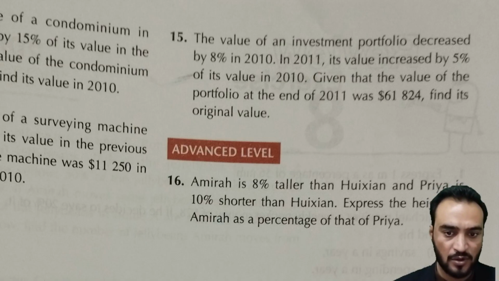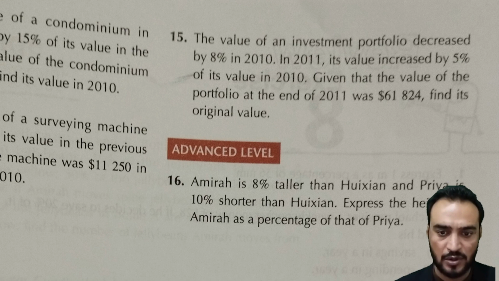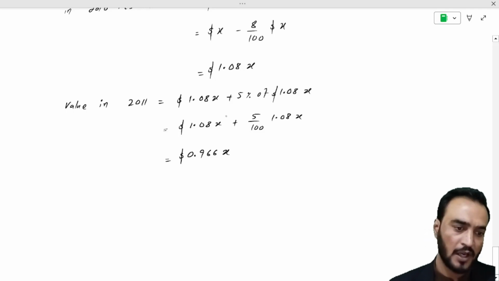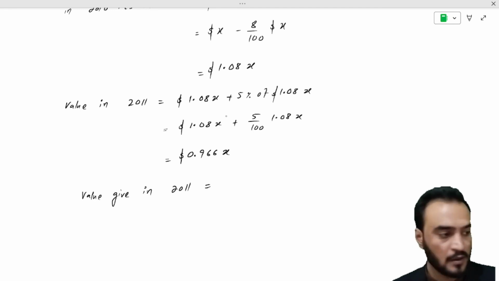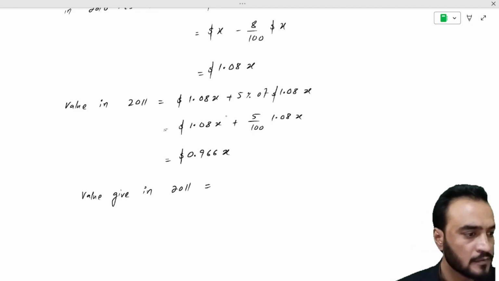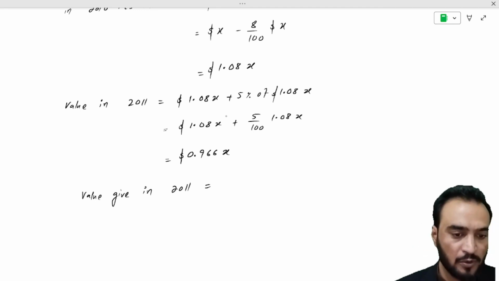The value of the portfolio in 2011 is also given in the question, that is $61,824. So the value given in 2011 is equal to $61,824.